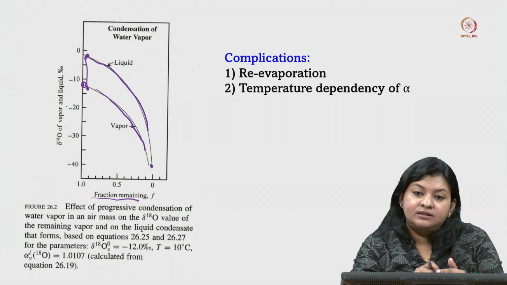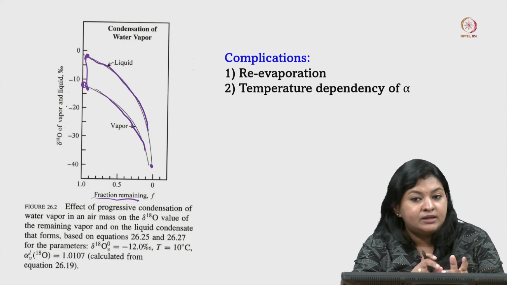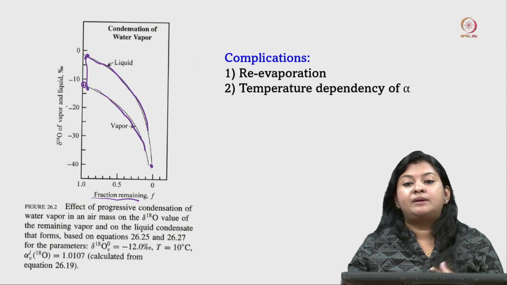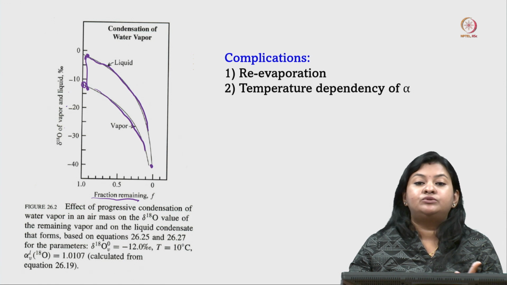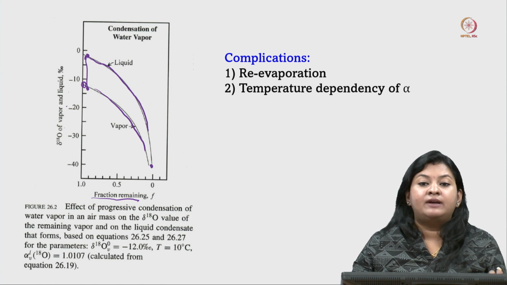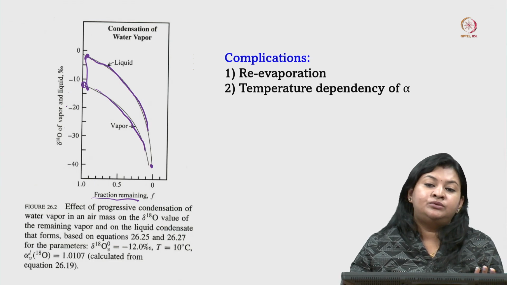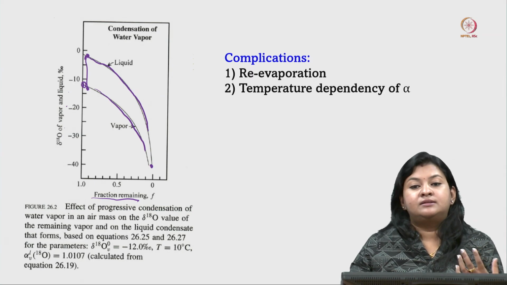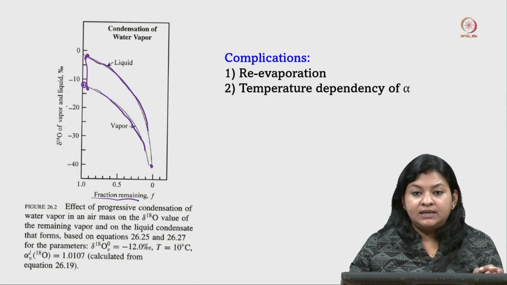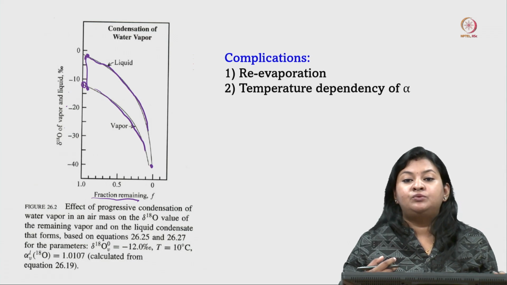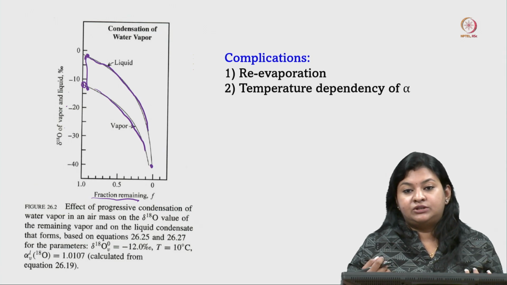So, the dependence of alpha with temperature, and when it is raining or as the vapor mass is moving, there can be huge temperature shifts. Okay? There can be huge temperature shifts. So, which alpha value you are going to consider and how correctly you are going to use it, given all the assumptions and everything, that is a very important decision. So, these are the two complications that can come when we are going to use Rayleigh fractionation in our real life applications.